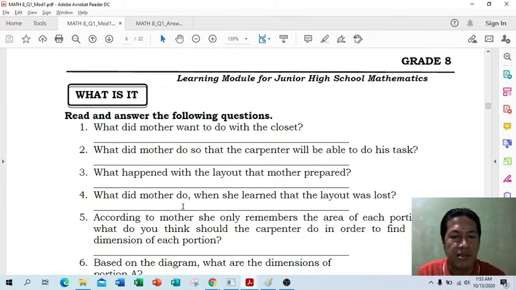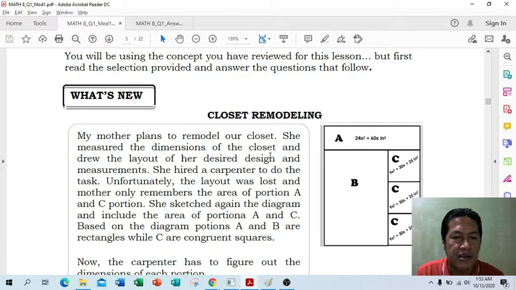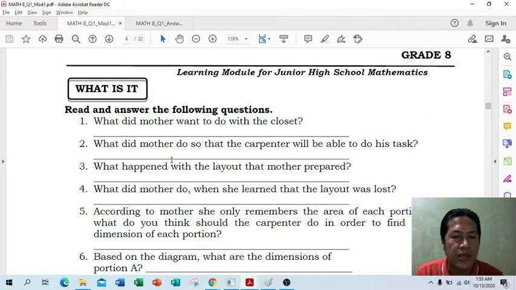Question: what did mother want to do with the closet? Remodel it. What did mother do so that the carpenter will be able to do his tasks? Mother made a layout, or drew a layout. What happened with the layout that mother prepared?